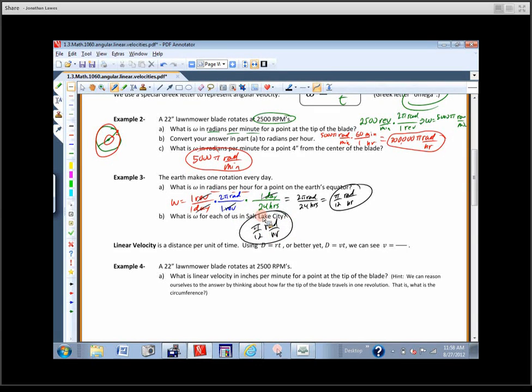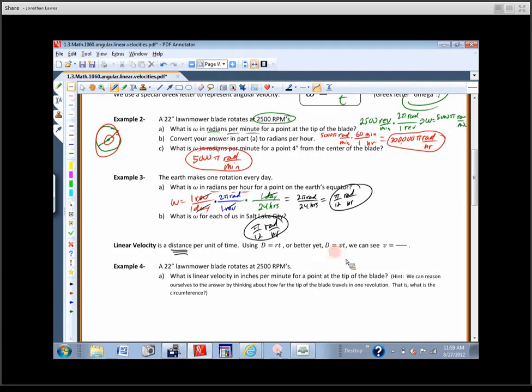Okay? All right. So now that we've got angular velocity figured out, let's talk about linear velocity. Okay? Linear velocity is a distance per unit of time. Not an angle per unit of time, but a distance per unit of time. So if we use this formula right here that we're all familiar with, d equals RT, or better yet, if we're going to talk about a rate, the rate we're talking about is kind of like a speed, it's a velocity.